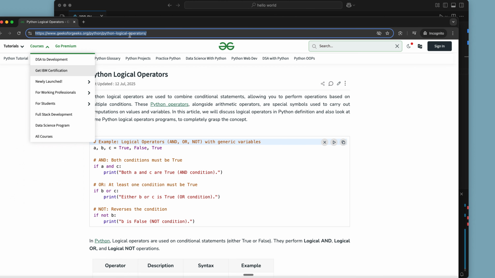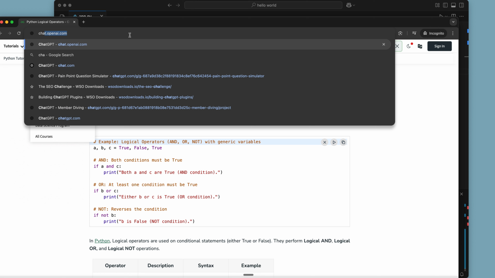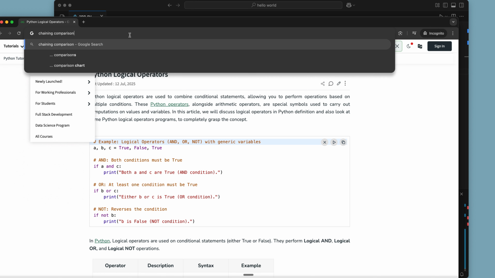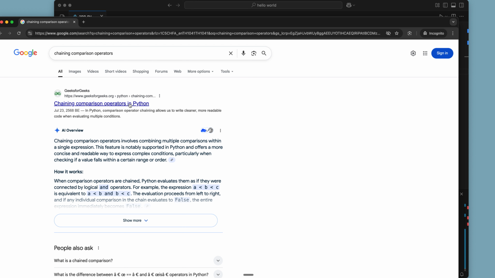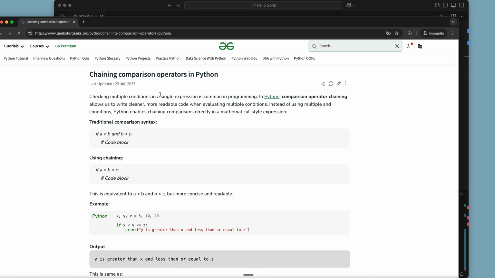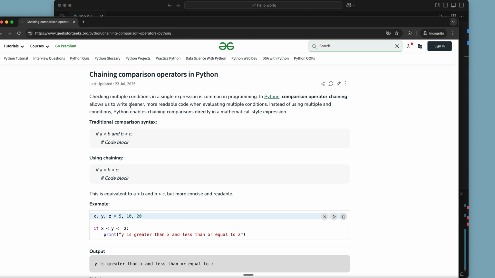Let's see what Good or Ghoul says. Chaining comparison operators. Comparison operator chaining allows us to write cleaner, more readable code when evaluating multiple conditions. Okay.